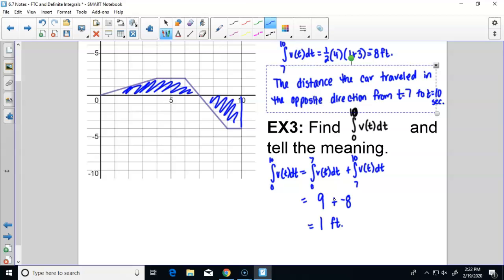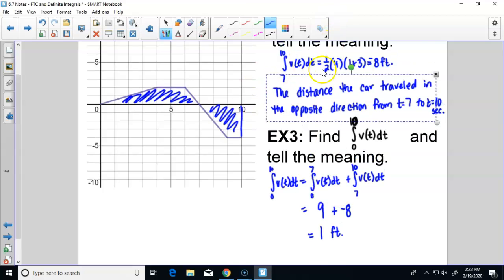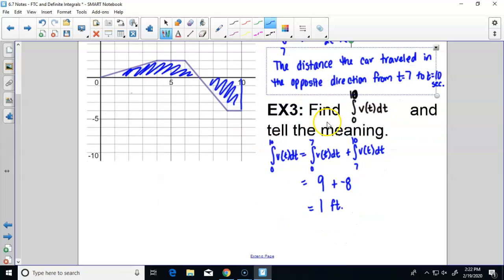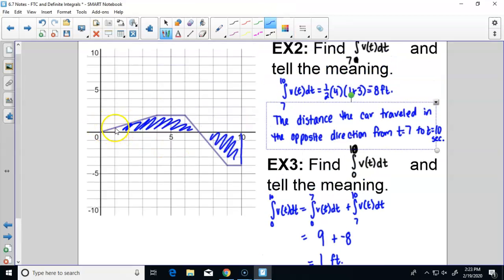So I could have up here said that what we can call this is the displacement. It's how far you are from where you started. Okay, so I could have called this displacement for number 1 and number 2. However, for number 1, the car was always traveling in the positive direction.